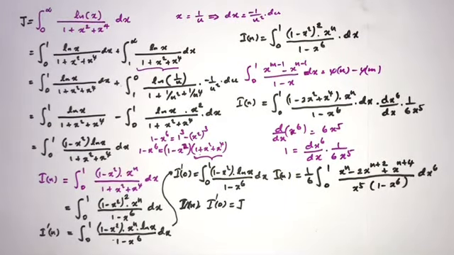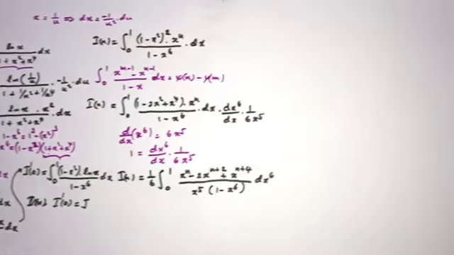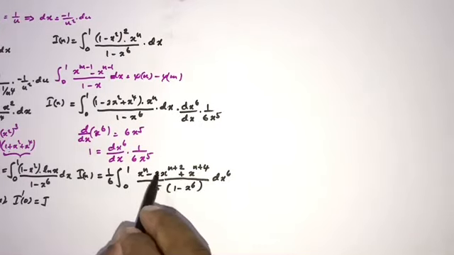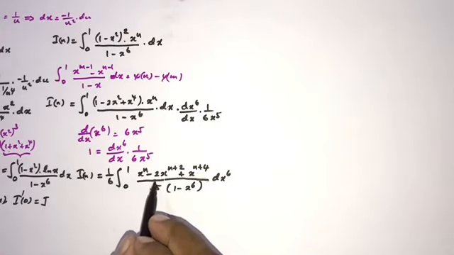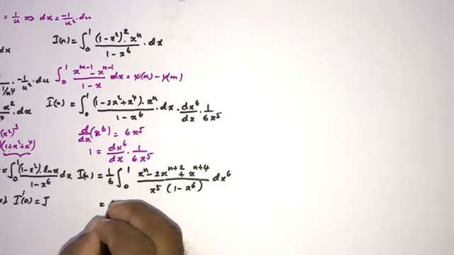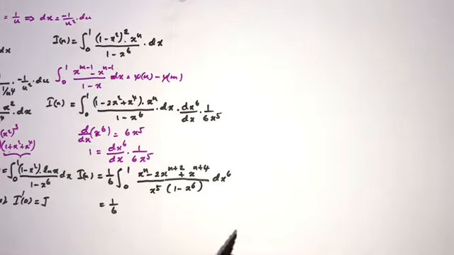Okay, then now we can also simplify this x to the 5th power. We can take it in the numerator as x to the minus 5 power. Now I am going to integrate with respect to dx to the 6 power.